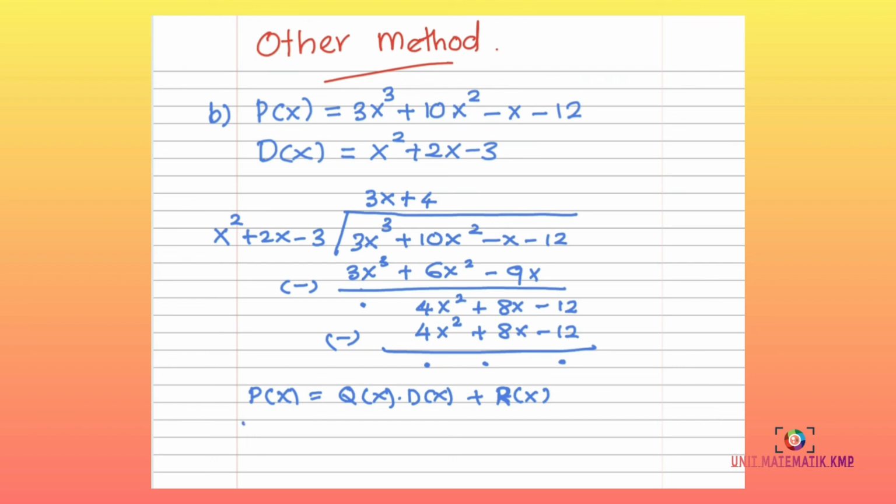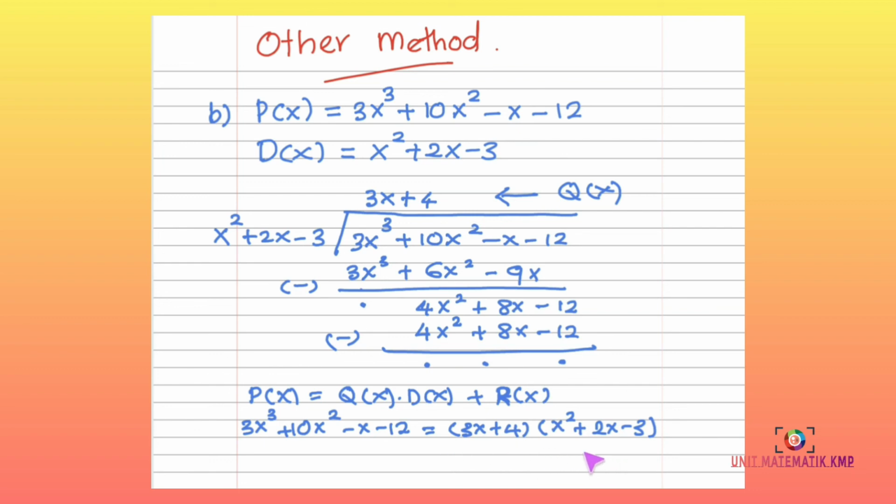Here we have 3x^3 plus 10x^2 minus x minus 12 is equal to, what is q(x)? This is q(x), 3x plus 4. The divisor given is x^2 plus 2x minus 3, and the remainder is 0.